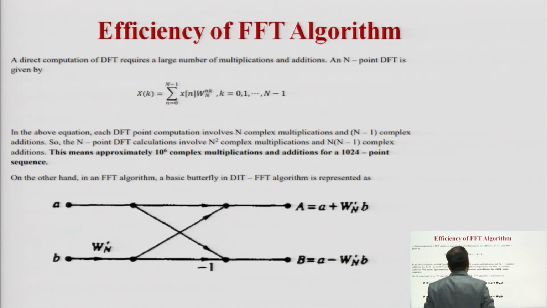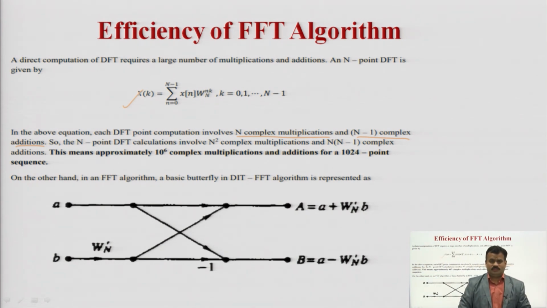Now, the efficiency of the FFT algorithm. In DFT, if you are calculating by using simple DFT, your calculations are very high: you require N complex multiplications and N minus 1 complex additions. Every time you have to calculate the value of this, and the calculation is very lengthy.